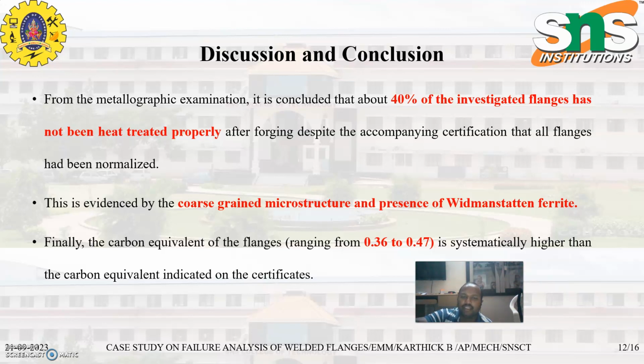Finally, the carbon equivalent of these flanges ranges from 0.36 to 0.47, which is high. So sometimes the carbon equivalent in the flanges is also a reason for the failure, and it is indicated in the certificates before installation, right?